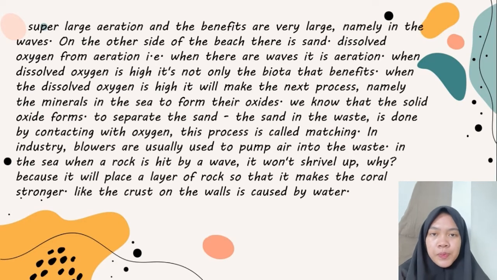Namely, on the other side of the beach where the waves are, there is sand. The sand there is fine, smooth, not sharp. Then, where does it come from? It turns out that it comes from the sea, which is rich in ions.